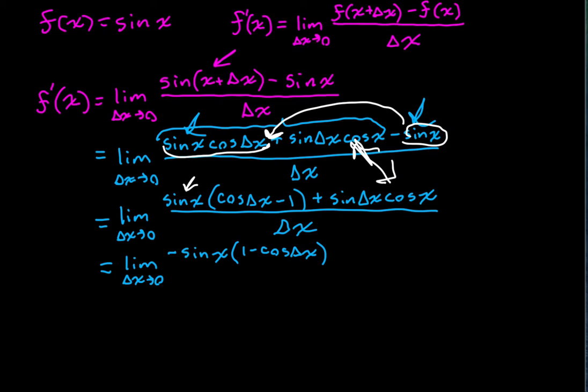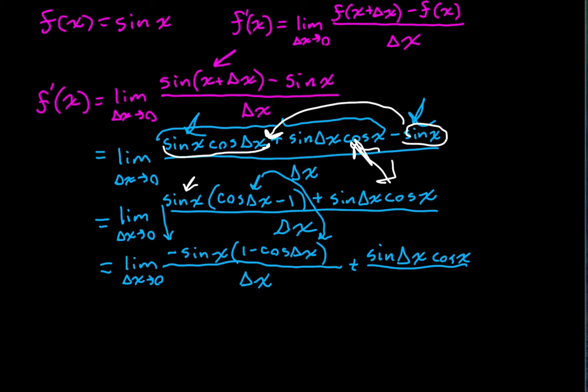All that I did is I multiplied by negative 1 twice. You'll notice when I multiply by negative 1 in here, this turns into this, so I multiplied by a negative here to cancel that out. So these are still equivalent. And then we're adding sine of delta x times the cosine of x divided by delta x.